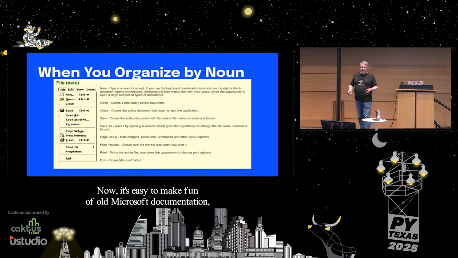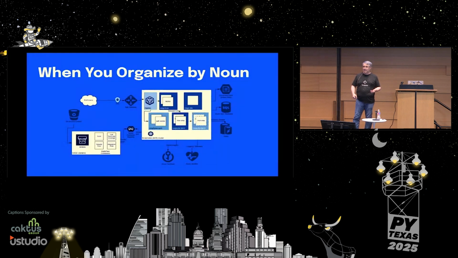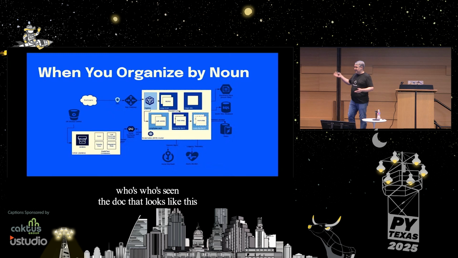Now, it's easy to make fun of old Microsoft documentation, but you might have also seen a doc that starts with something like this. This, incidentally, is a Kubernetes cluster running on Azure connected to a SQL database and like 5 other things. Who's seen a doc that looks like this, has something like this at the top of the first page? Right.